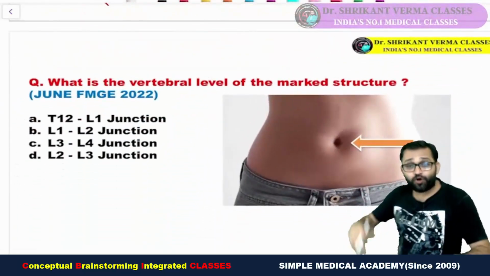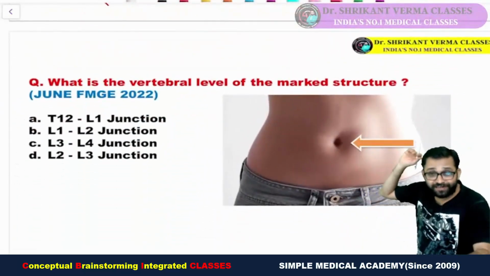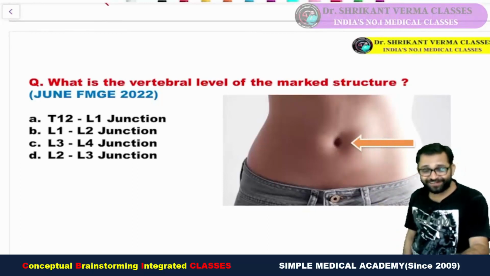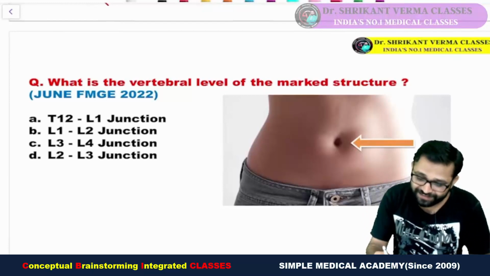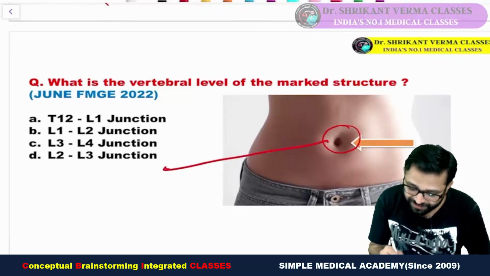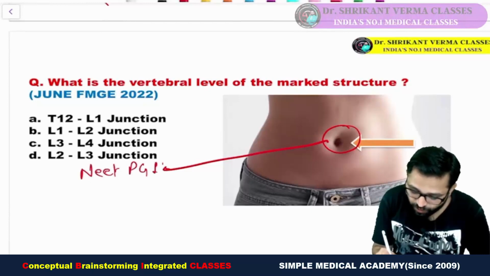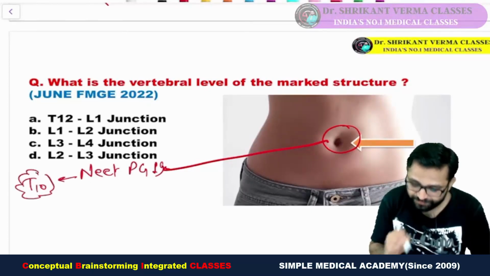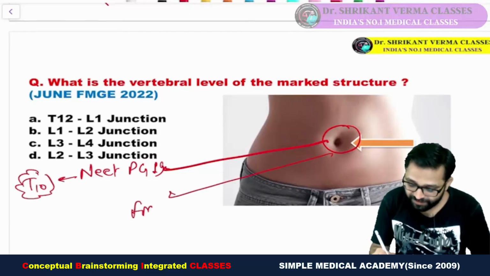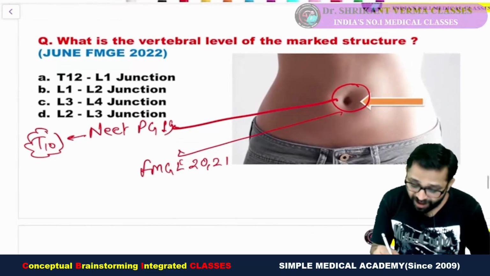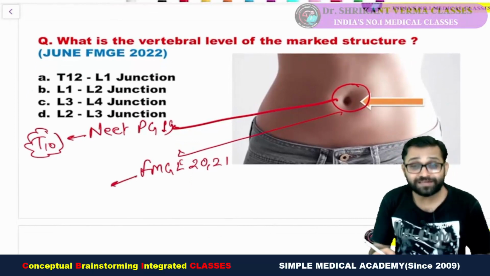People are after the umbilicus, NEET students too. They are asking about the dermatome. Fine. FMG exam. See here what the different questions are. The NEET PG 2009 question was supplied by T10. Then in FMG 2020 and 2021, they asked the umbilicus question.